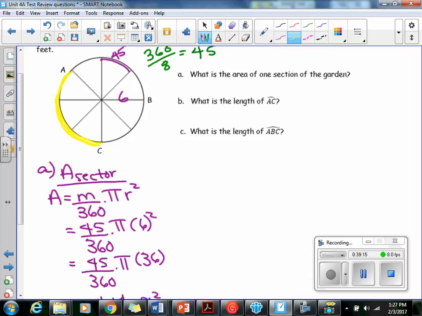Since they're asking for the length, the formula for the length of arc AC is m over 360 times 2 pi r.